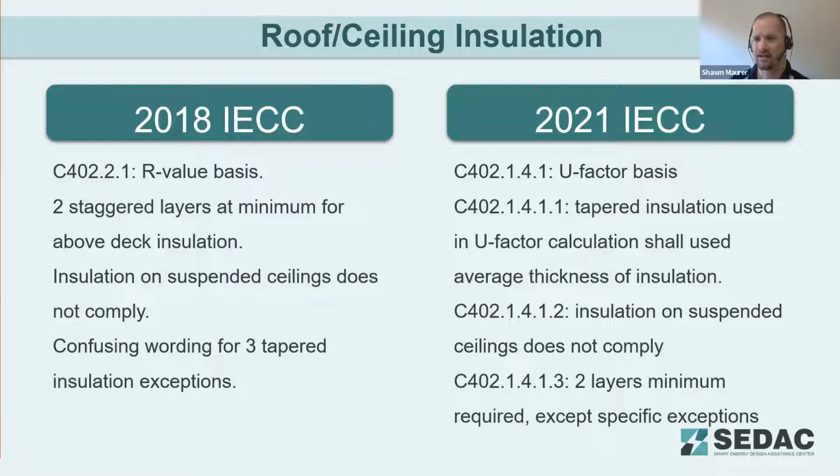They've updated that language to be on a U factor basis instead of the R value basis. And they've clarified the tapered insulation, which we've listed here. So they've greatly simplified that wording, made that easier to interpret, where a lot of confusion was developed around that tapered insulation requirements.